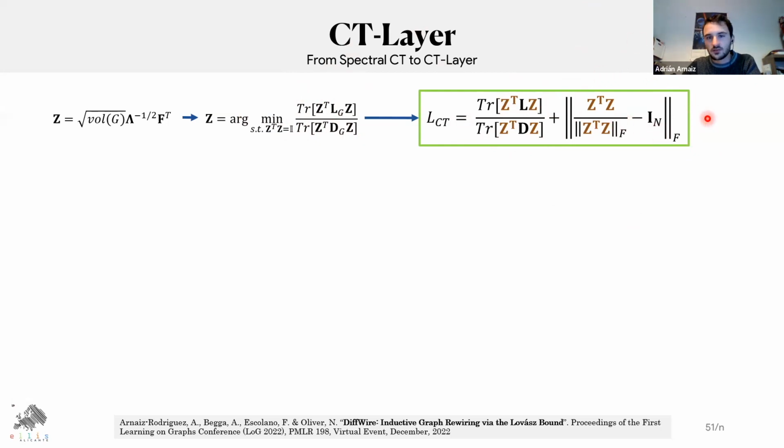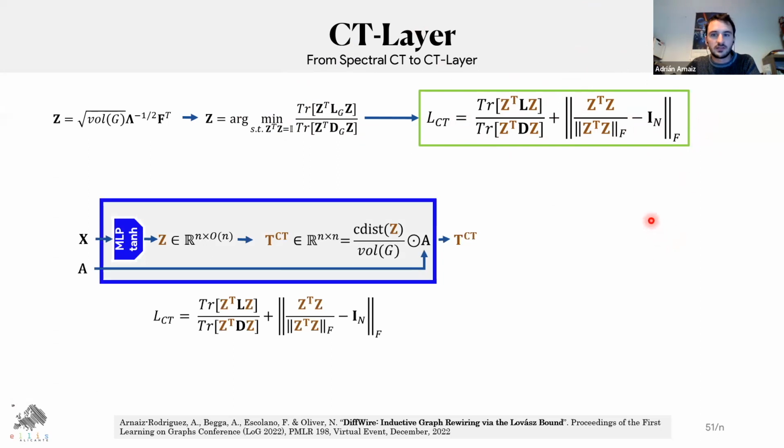So once we have this loss, we can literally build a GNN layer. And this GNN layer maps the feature space to the commute times embedding. This MLP is one layer of a couple of layers MLP with a hyperbolic tangent activation function that is going to learn with the aforementioned loss function, okay?